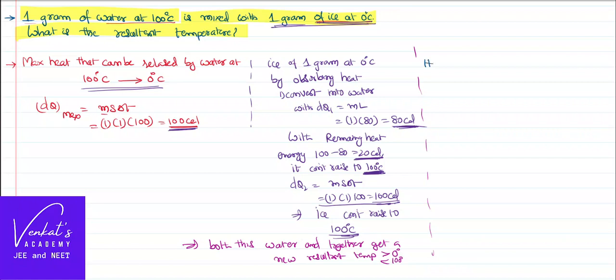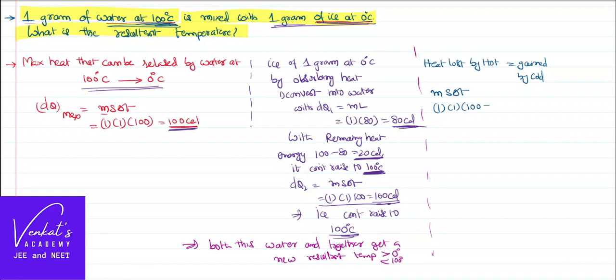We can say heat lost by hot body equals heat gained by cold body. So what is heat lost by the hot body? This one, right? It will fall in temperature, Ms delta T, that is mass is 1 gram, specific heat is 1 calorie per gram per Kelvin for water.